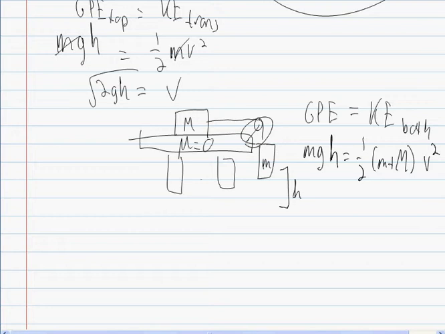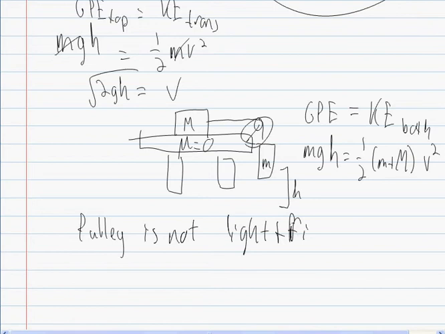So now, if the pulley is not light and frictionless, I can write words. I have an eraser thingy.